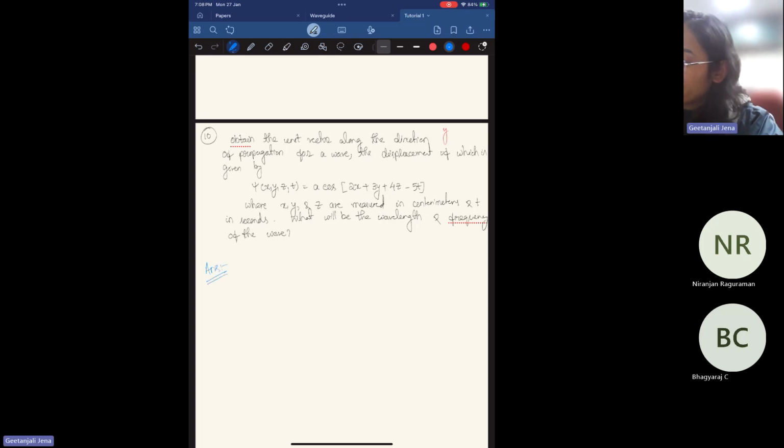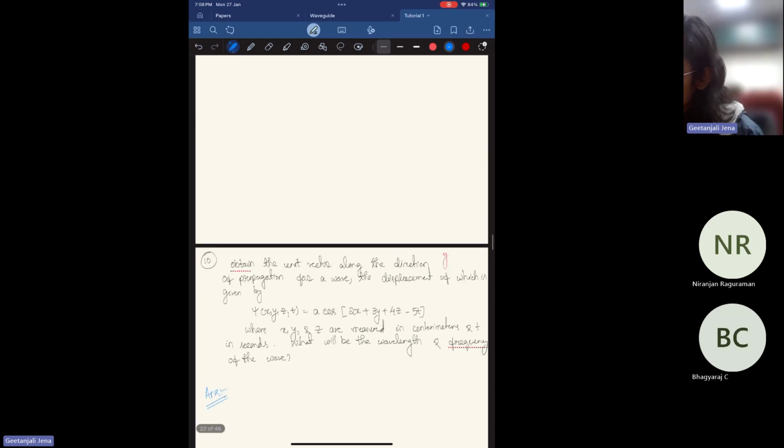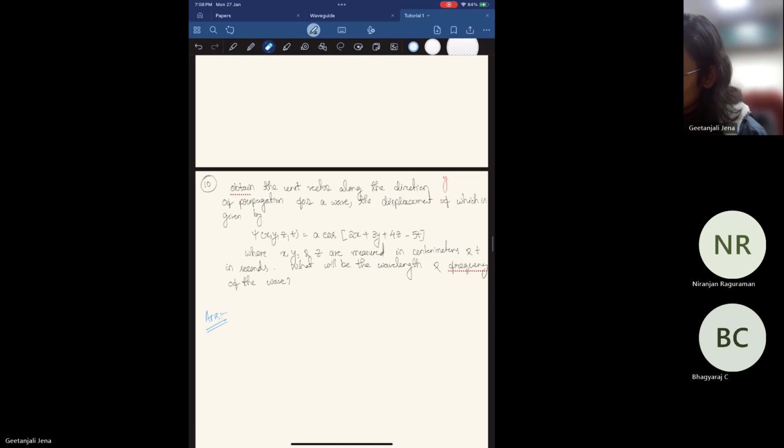So let us see what question 10 is. Obtain the unit vector along the direction of propagation for a wave.